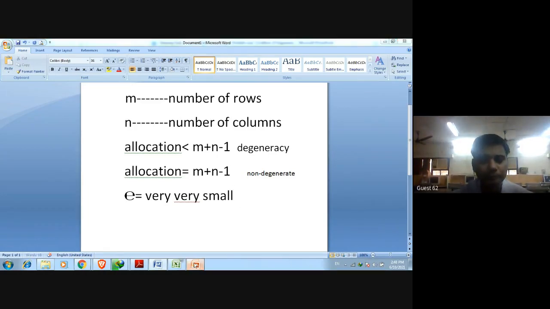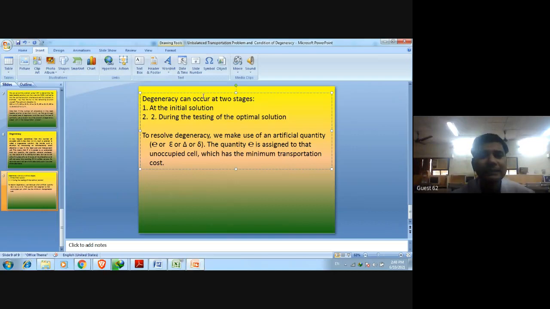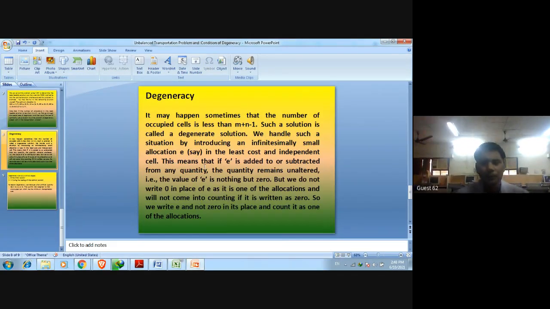So degeneracy can occur at 2 stages. Listen here. The thing I was telling you means that if E is added to or subtracted from any quantity, the quantity remains unaltered.